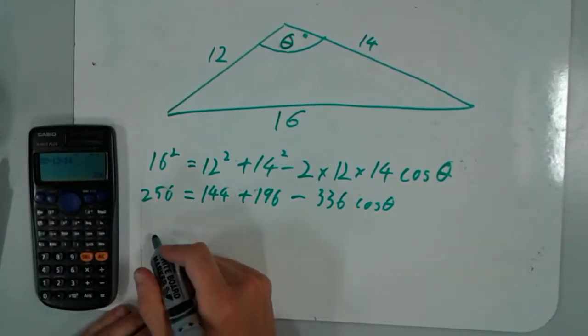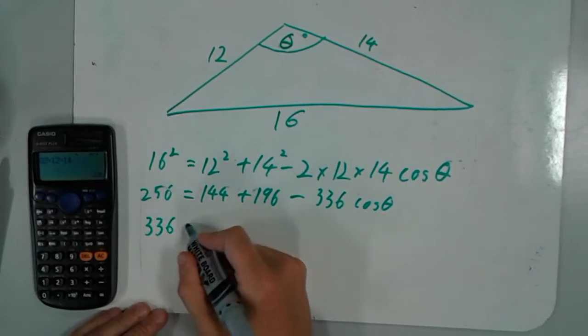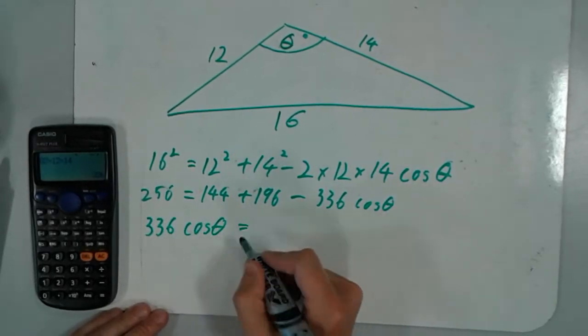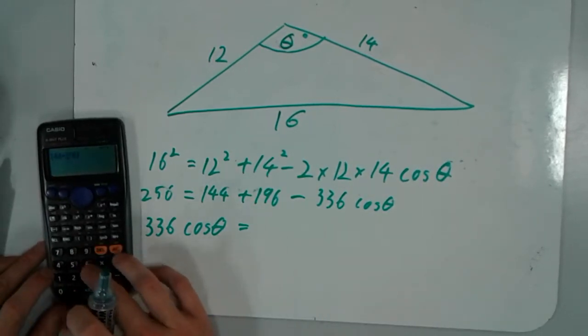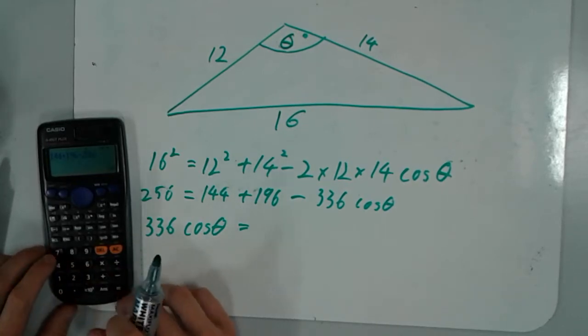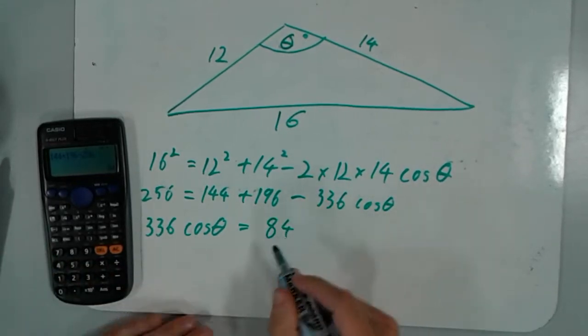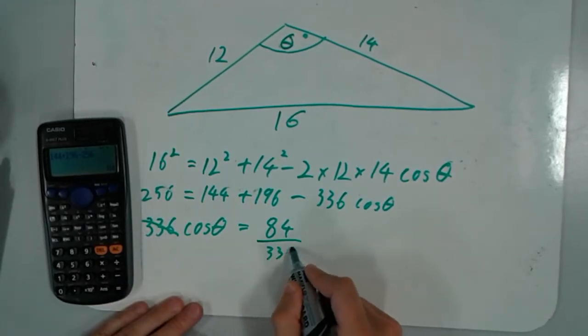Now we just need to get cos theta by itself, so adding this over to that side, those two added together, 144 plus 196 minus the 256 gives us 84. And now we don't need to write the line out again. Let's just divide through by 336.